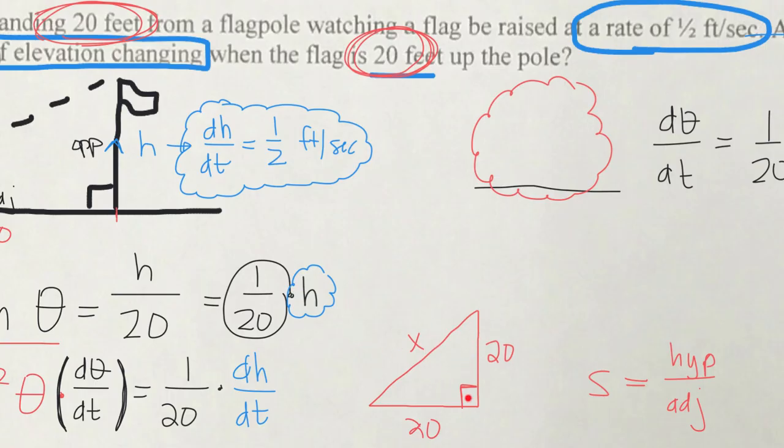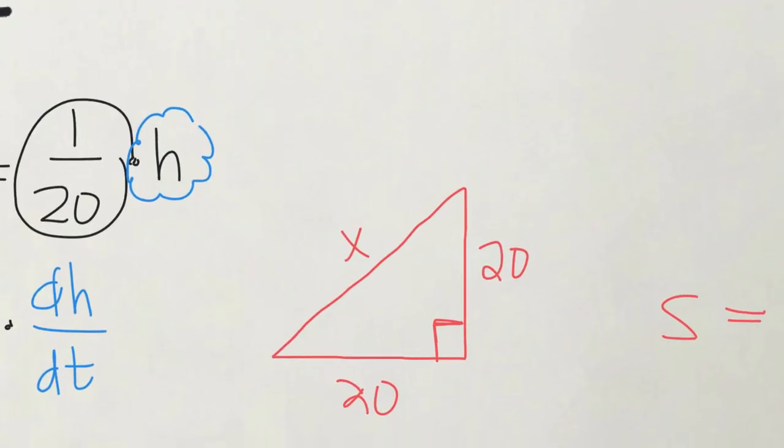A right triangle, but also an isosceles right triangle, with both legs equal. So both of these angles are 45 degrees, a 45, 45, 90. If you remember from your geometry, which I don't think you do, the hypotenuse is the side length times the square root of 2.